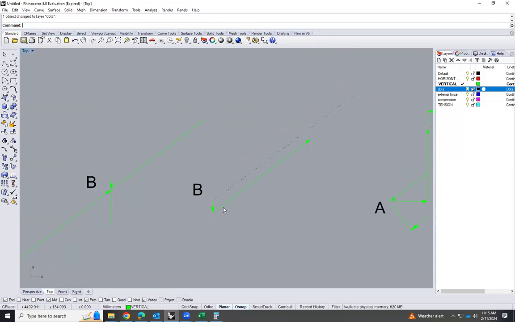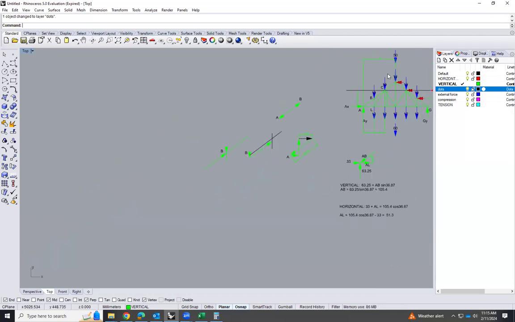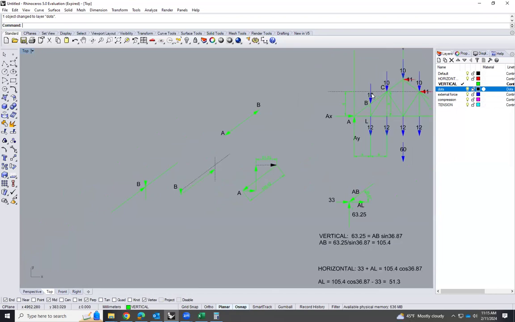So if I want to close this polygon, the only thing I can do, look at this: we have 10, then this one, AB, going up, then the vertical one, and finally the other one.